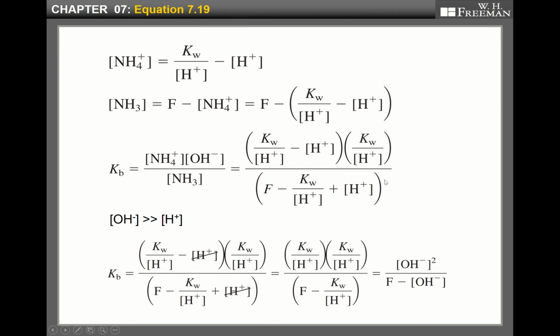Now this expression seems very complicated, but here we will use a kind of simplification. Since ammonia is dissolved in water, the pH increases, because ammonia is a species that makes the solution basic. So in basic solution, usually the hydroxide ion concentration is much greater than the proton concentration.